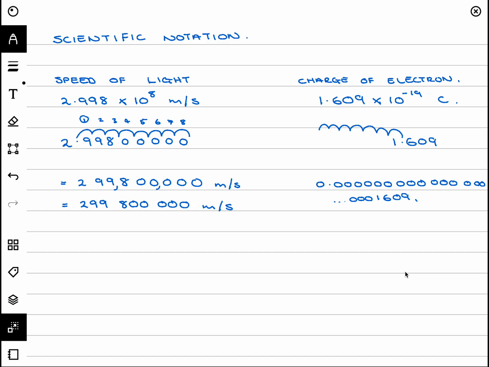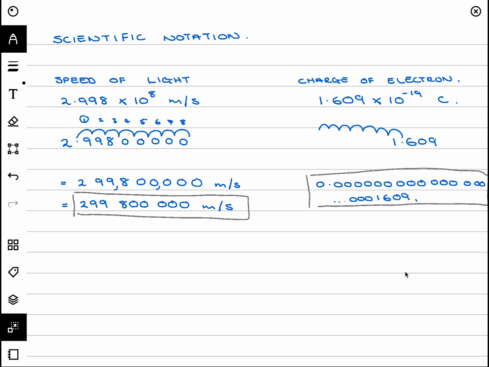Okay, so you can see the difference, and don't worry about what we've done to get the values, but I just want you to appreciate this is very large, very large and very fast, but the value here is very small. This is extremely small. Okay, so there's a difference.